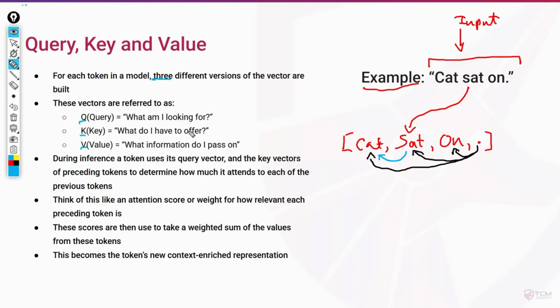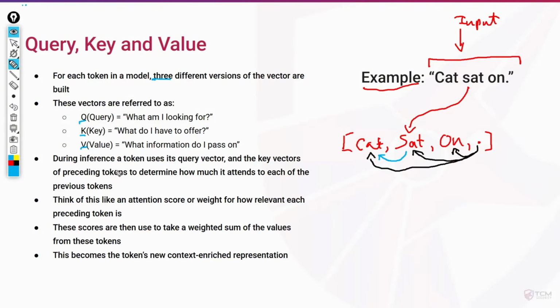The key is for tokens to offer up to other tokens, saying, this is what I have to offer, or this is what I'm all about. And then the value is what information that token will actually pass on if other tokens that are succeeding it want to pick up some of its context.